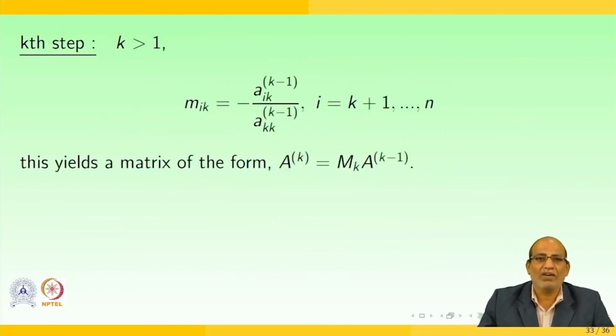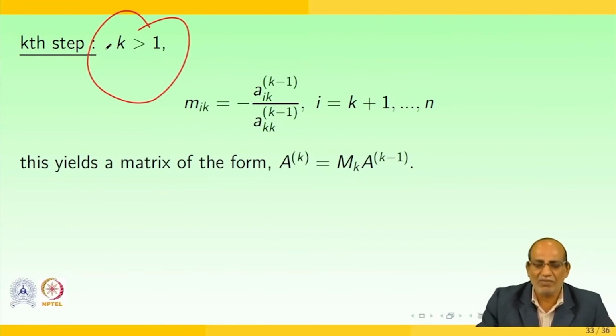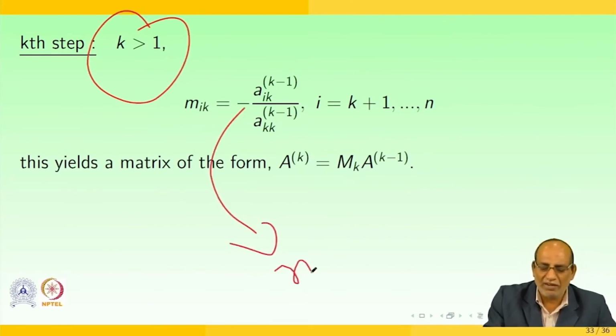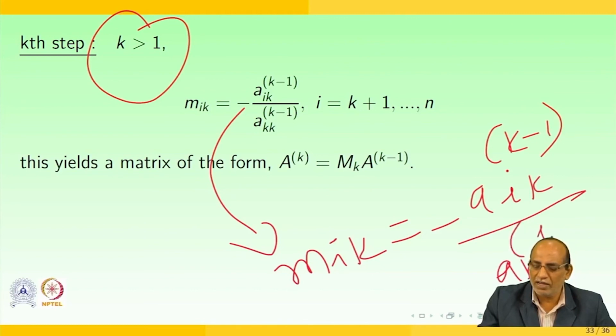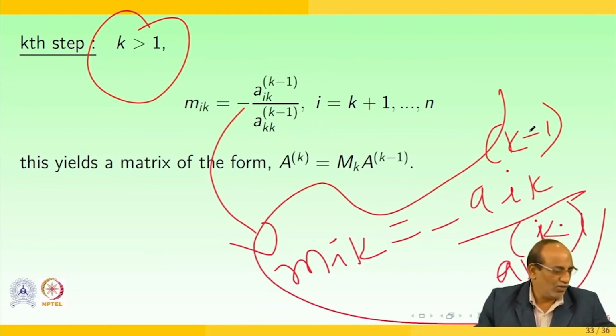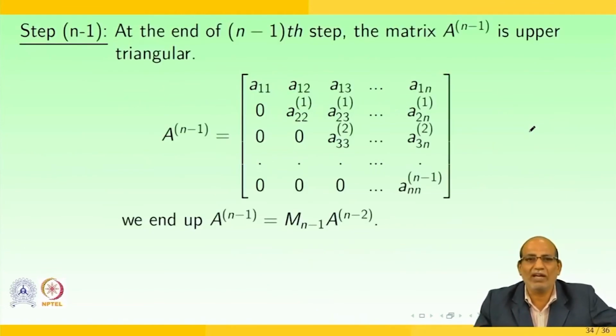Now further, what is the kth step? The kth step is when k is greater than 1. So I have a multiplier m_ik equal to minus a_ik^(k-1) upon a_kk^(k-1). This is the multiplier.